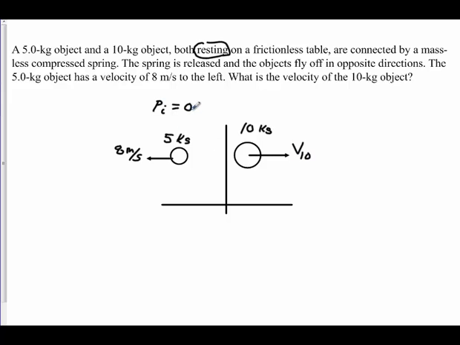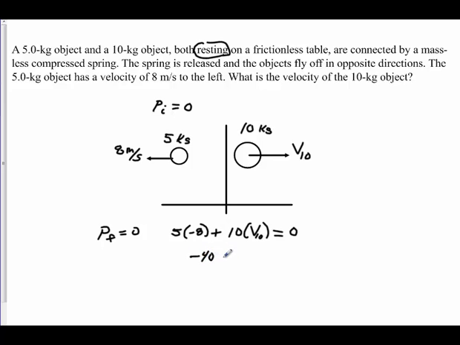So we know our P initial is equal to 0. Then we know immediately that P final, our final momentum of the system, must equal 0. So we set this problem up as 5 times minus 8 plus 10 times V10 must equal 0.